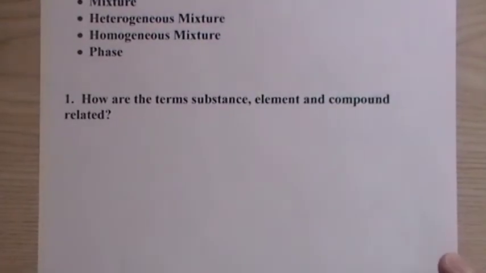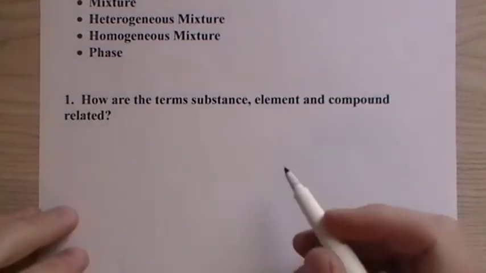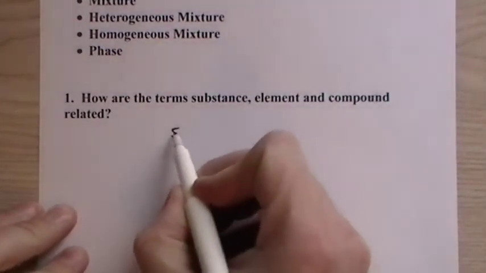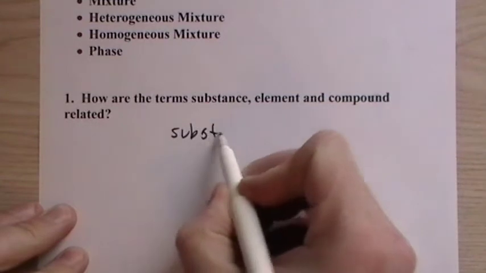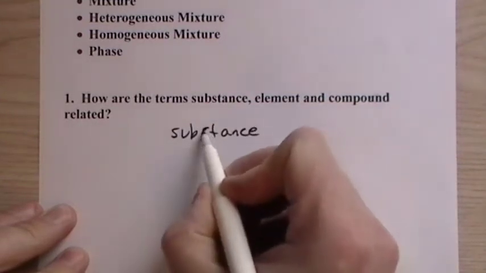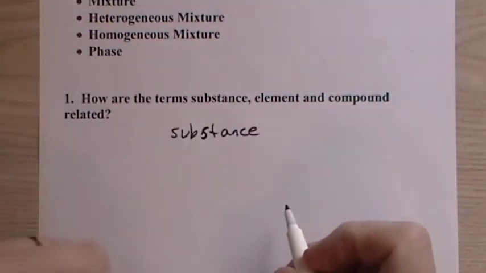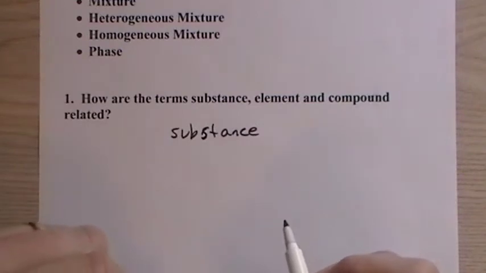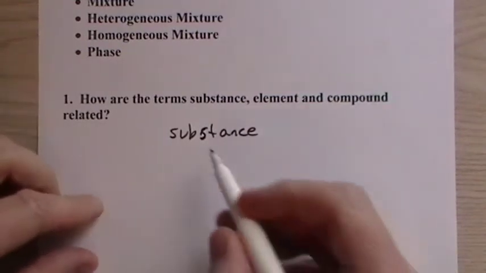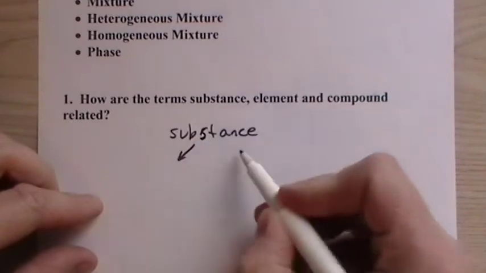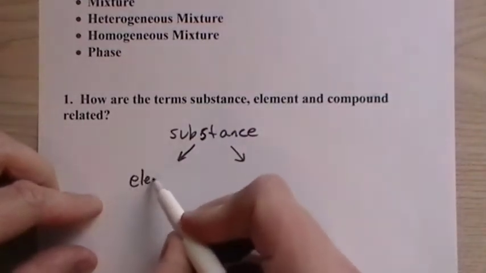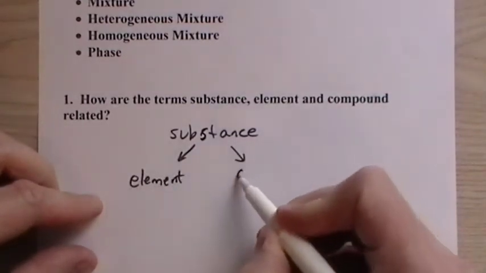So, how are the terms substance, element, and compound related? So, a substance is a kind of matter that cannot be separated into other kinds of matter by a physical process. So that can be either an element or a compound.